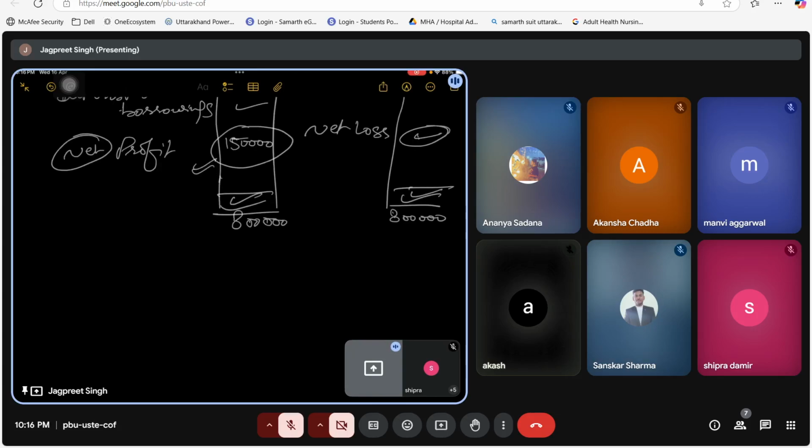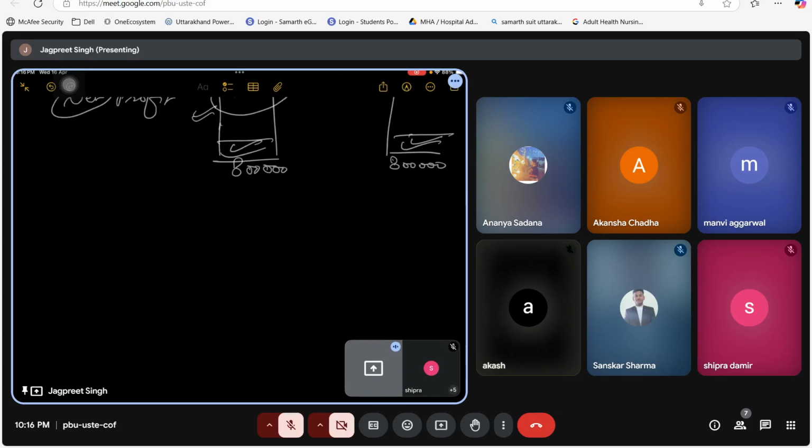It is as simple as this: if I put a simple formula, I add all my incomes, add my sales, deduct all my expenses, deduct all my losses.